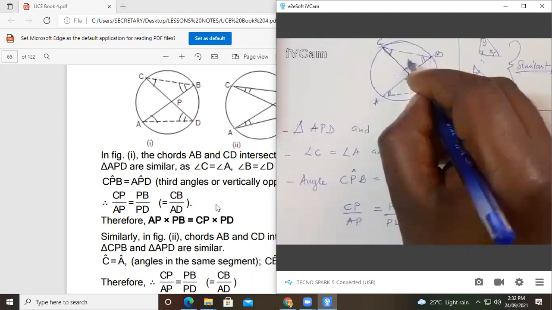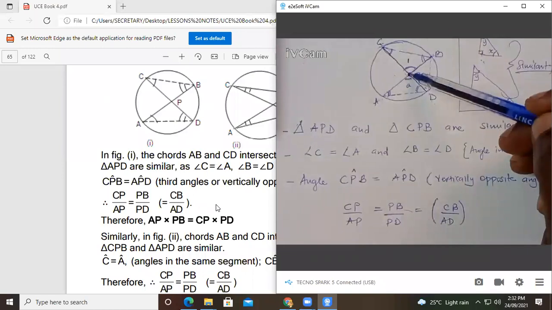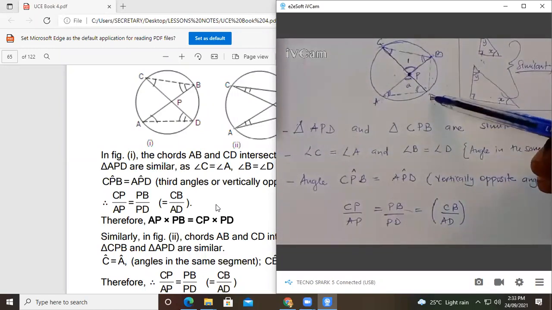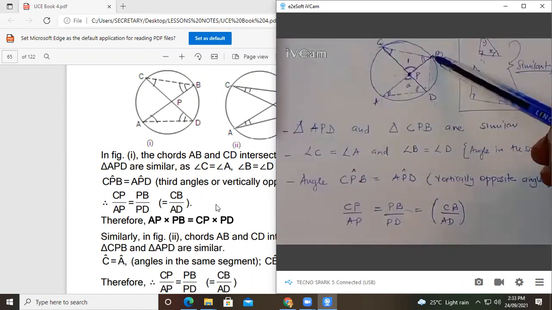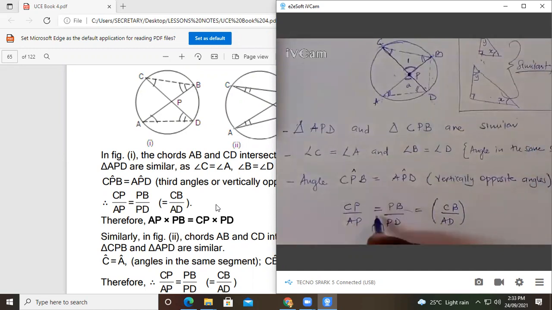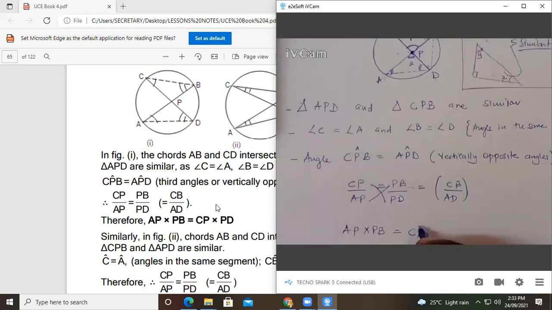Suppose this is the first triangle and this is the second triangle. So the first length CP over the second length of this is equal to this of the first over this of the second, which is also equal to this of the first over this of the second. That's what they mean. So from here, in case we are told to find the length of this triangle, you just cross multiply and you have AP times PB is equal to CP times PD.